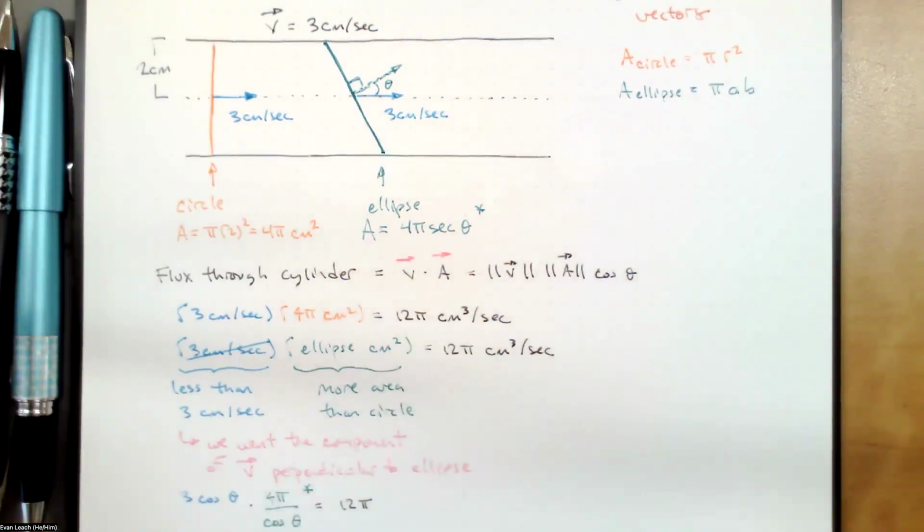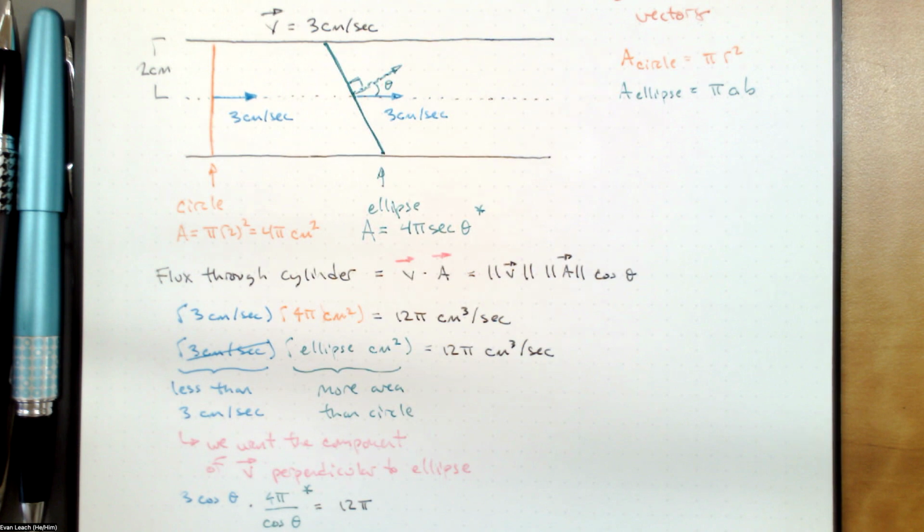I know they're not radii, but keep calling them that. When A and B are equal, our ellipse is a circle, and we get pi r squared.